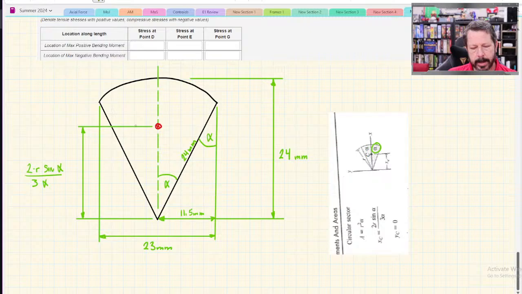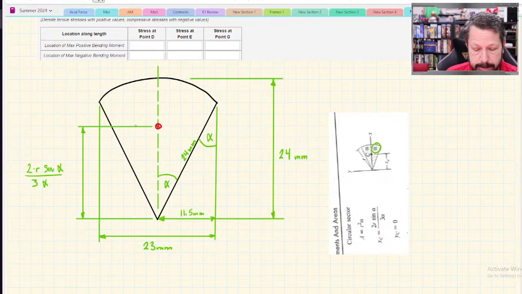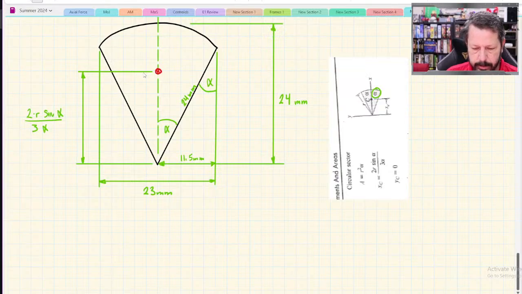Okay, so sine of alpha is the opposite side over the hypotenuse, right? I'm thinking of this as a triangle.